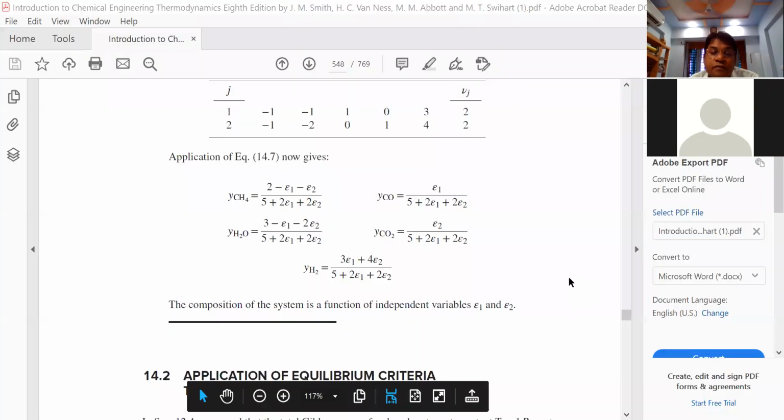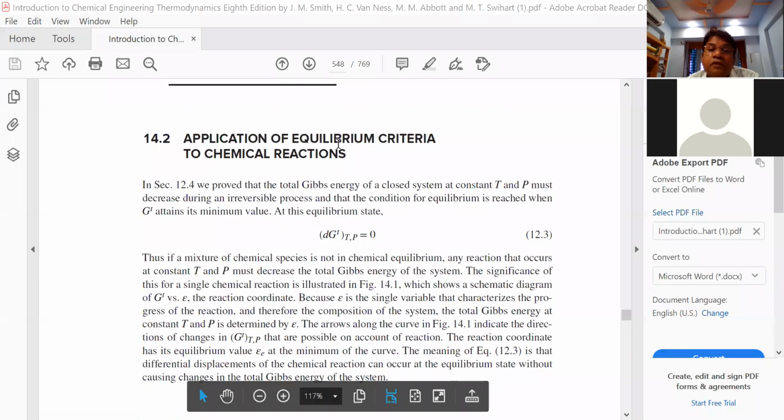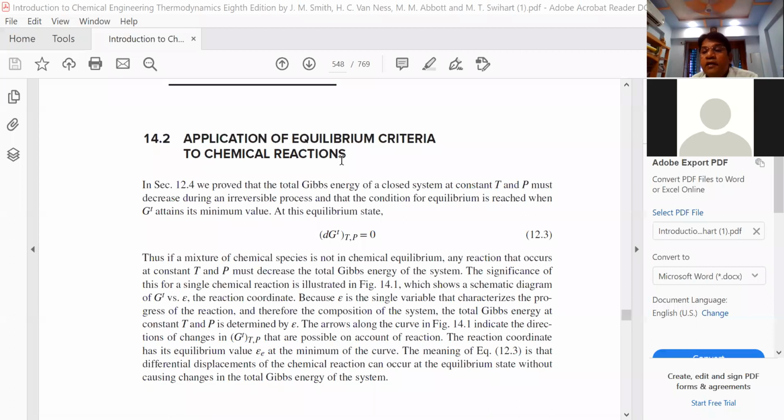Now let us see the second topic. Application of equilibrium criteria to chemical reactions. So criteria means a condition.